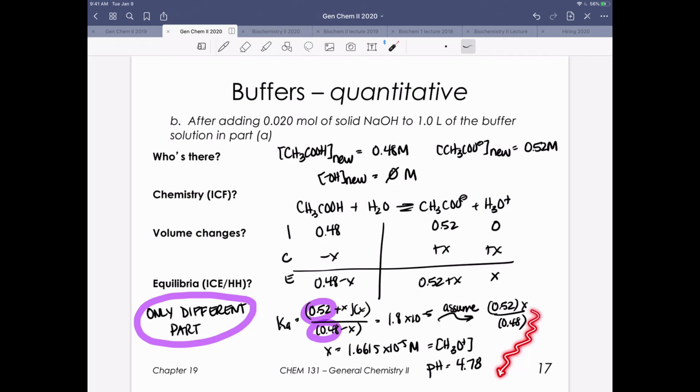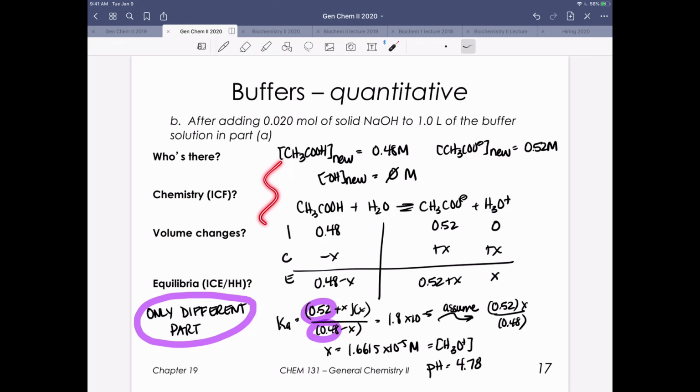Calculations become exactly the same to solve for X. X again gives us our H3O plus concentration. Negative log of that gives us pH, which is a little bit elevated because we added hydroxide to our solution.